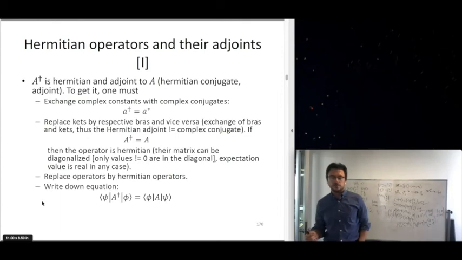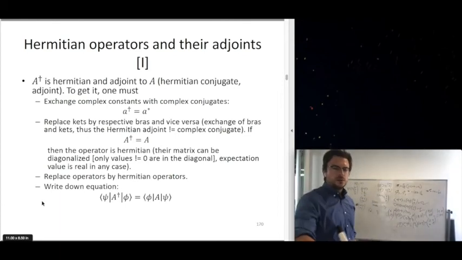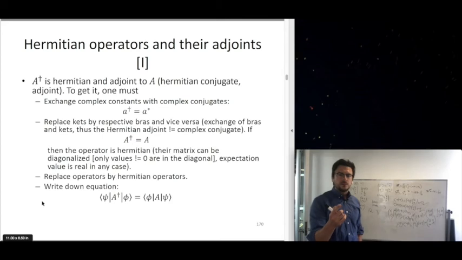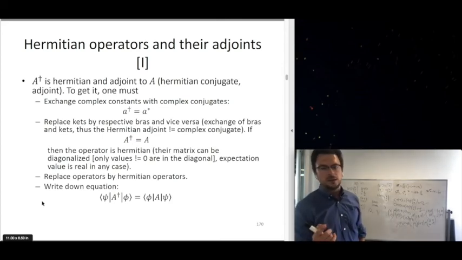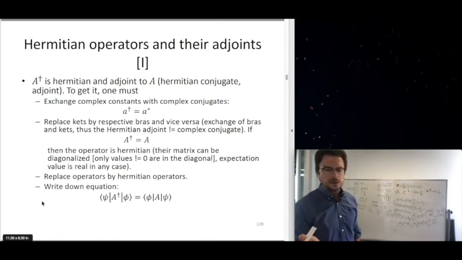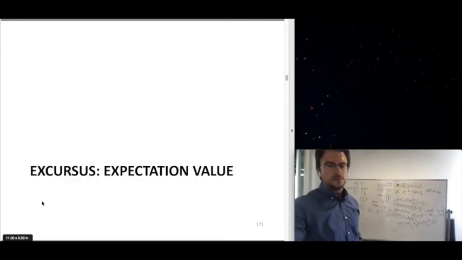So we have the system phi and the system psi, and you see the operator here in the middle. If you flip it around, so take instead of bra phi, you take bra psi, and instead of ket psi, you take ket phi, and add the Hermitian, so the complex conjugate transpose in the middle, then you would get the same result. So this is identical.